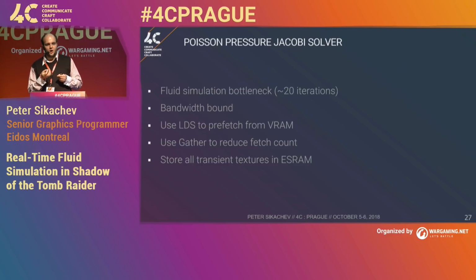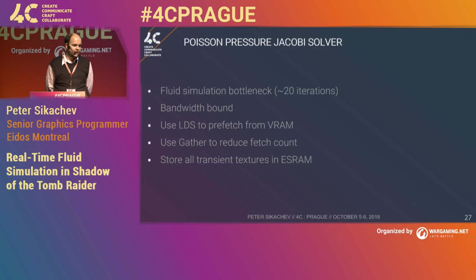We need 5 samples to calculate our kernel, and we can cover it with only 2 gather instructions. So we're fetching 8 texels. Normally, if we don't do this LDS prefetch, we're wasting 3 out of 8 texels, and we still outperform fetching those 5 texels separately. So it's really, really powerful.